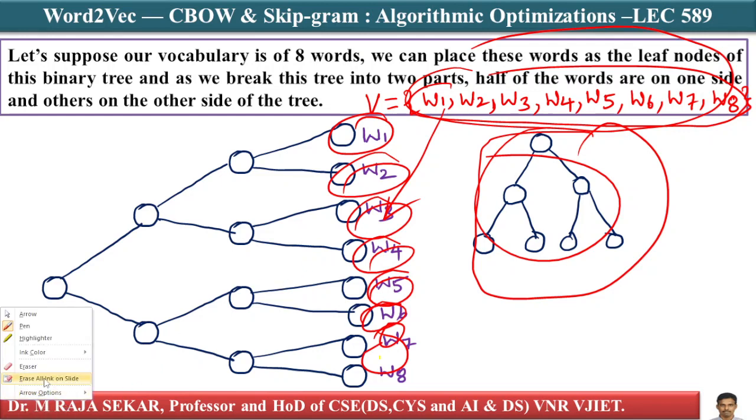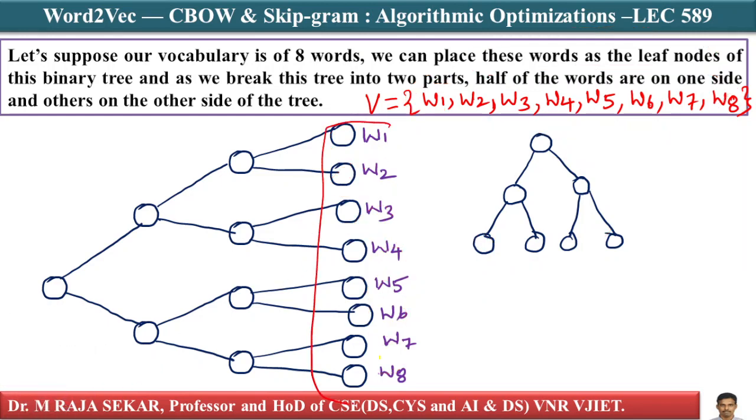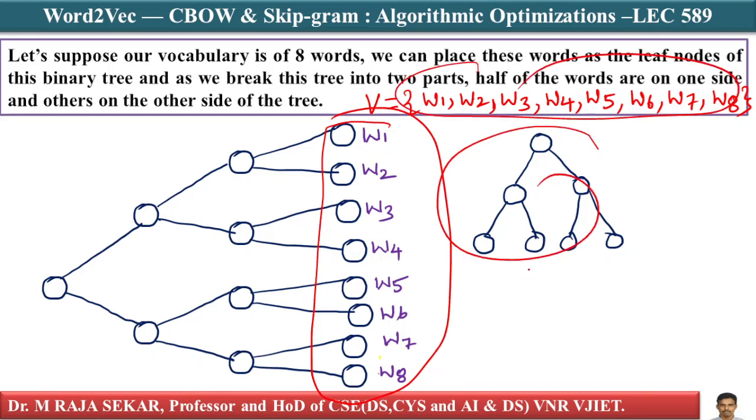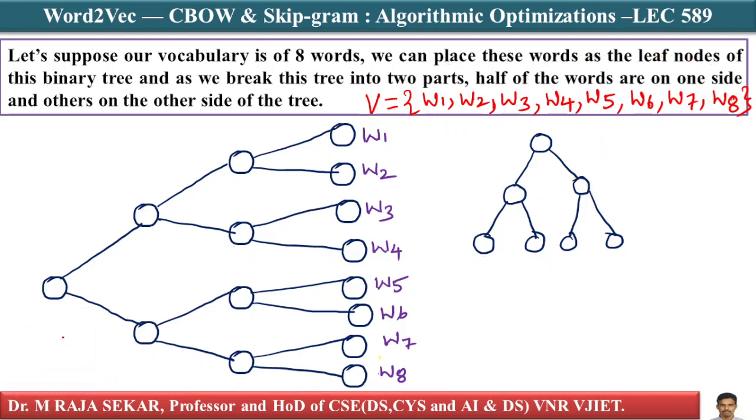Instead of drawing like this, I'm drawing my tree just like a sleeping tree, nothing more than that, isn't it? Each of these leaf nodes are the words that I care about. How many words do I have here? W1, W2, and so on, W8. What am I doing? I am keeping them as the leaf nodes.